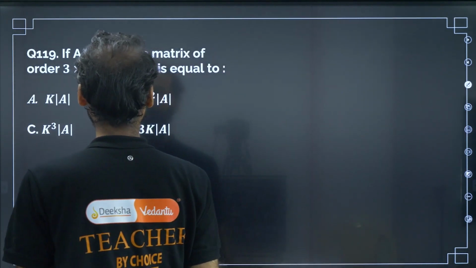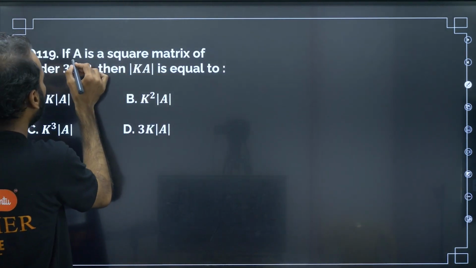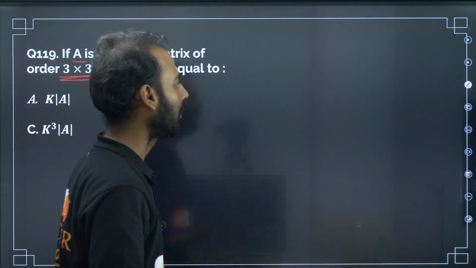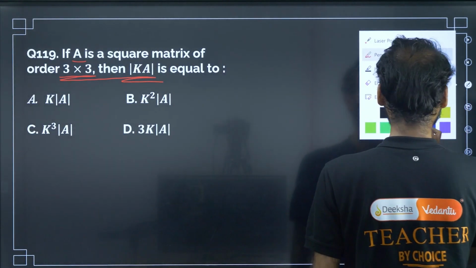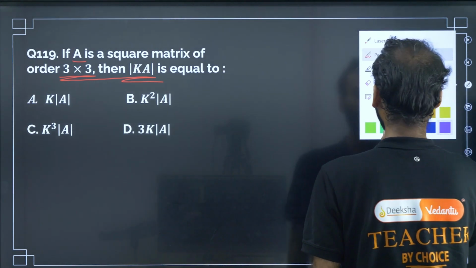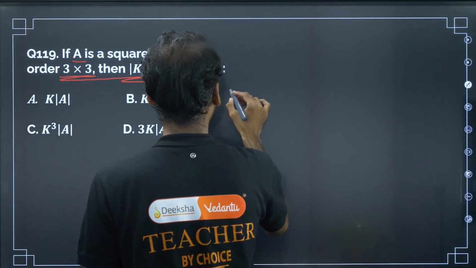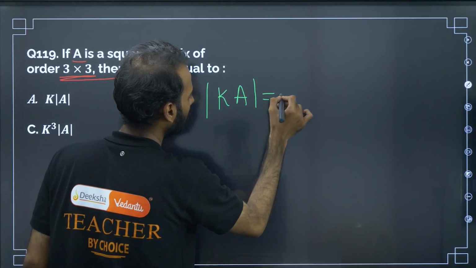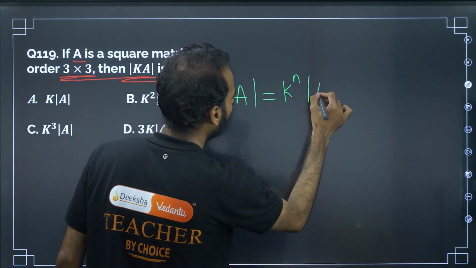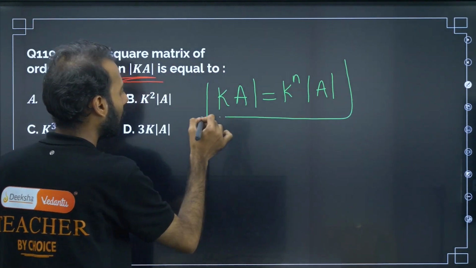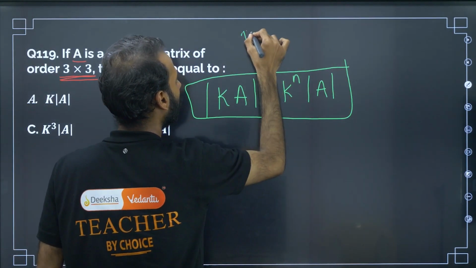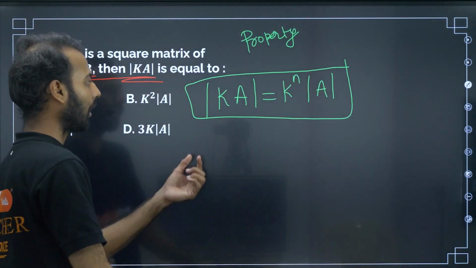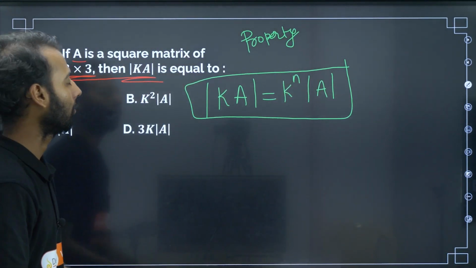A is a square matrix of order 3, then find det of kA. Direct question, very easy question. Only if you know the properties, then over. Det of kA is equal to k power n det A. This property of determinant you should know. You insert this property of det in your soul, in your DNA.